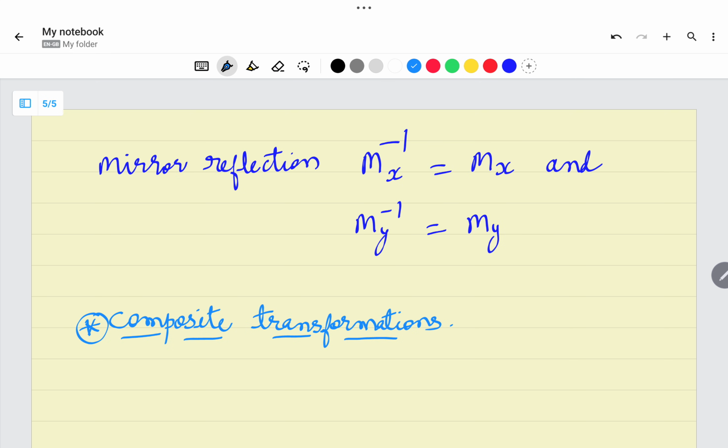Composite transformation is nothing but a combination of multiple transformations.